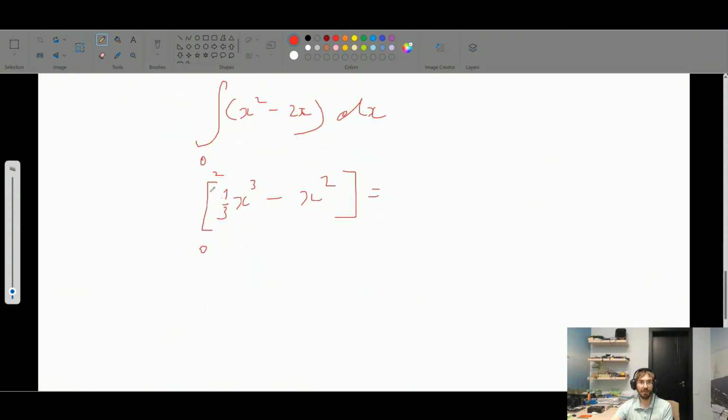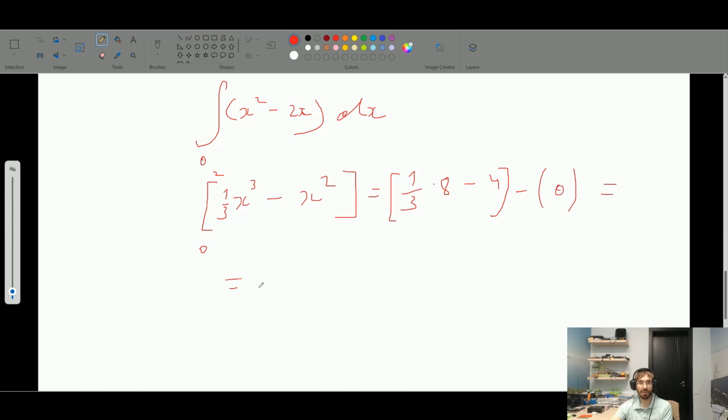First, we need to substitute 2 and then we need to substitute 0. By substituting 2, we get 1/3 times 8 and then minus 2 to the power 2 is 4, so minus 4. And when we substitute 0, we get 0 minus 0, so it is 0.